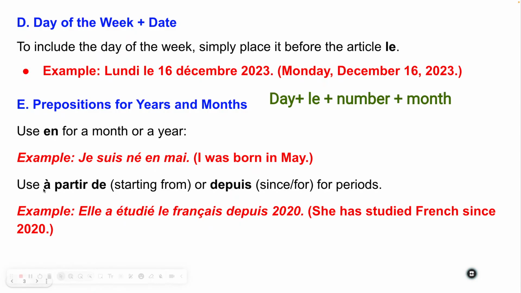Another preposition that we use is à partir de, which means starting from. The other one that is similar to it is depuis. The S is silent. Depuis means since or for a specific time or period.